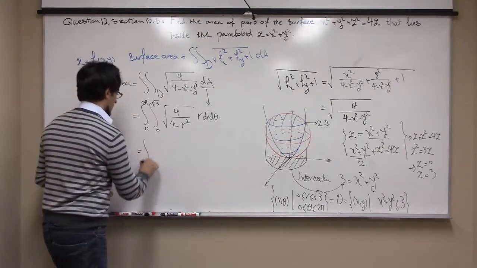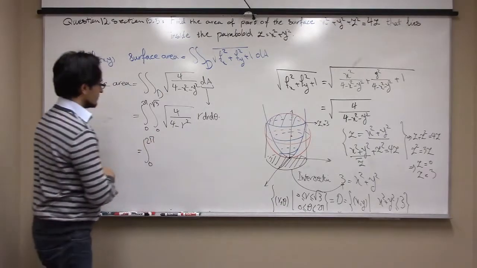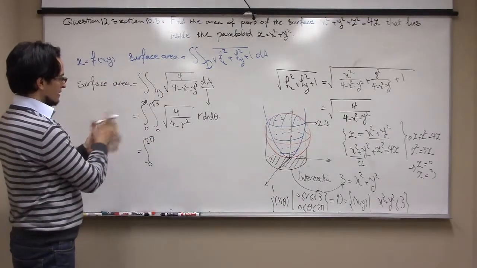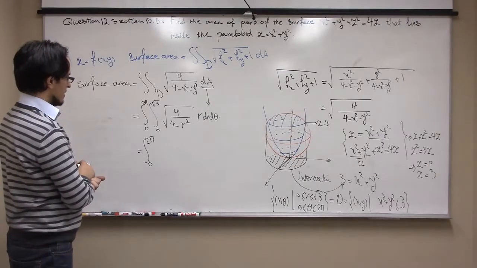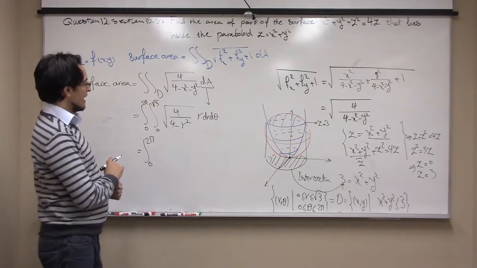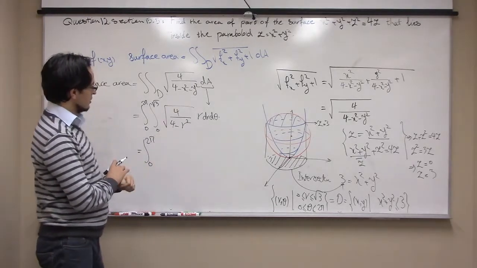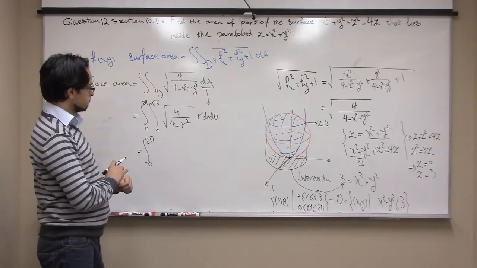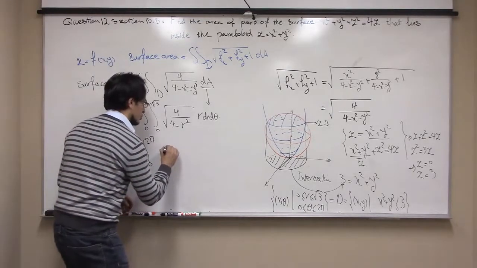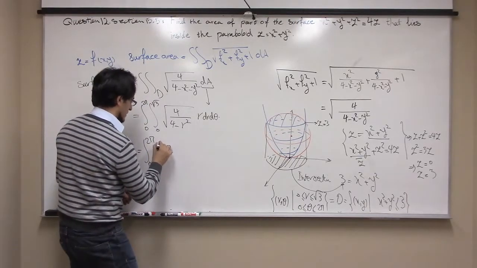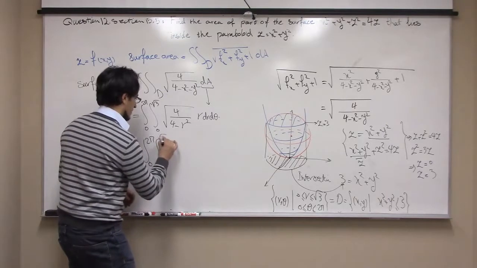So I have 0 to 2 pi. I have to integrate what I have inside this integral. So how can I integrate this guy? Sorry, let me simplify this and then you will see how to integrate that.